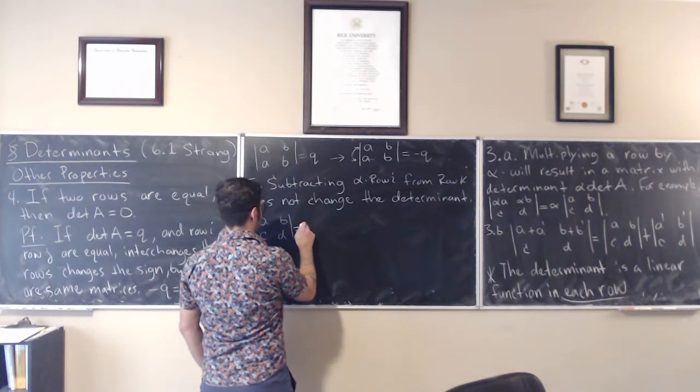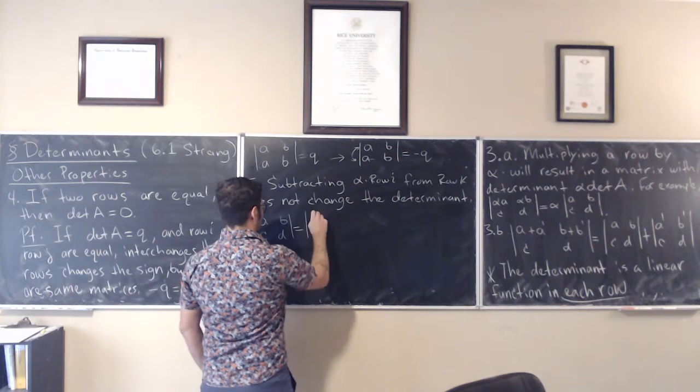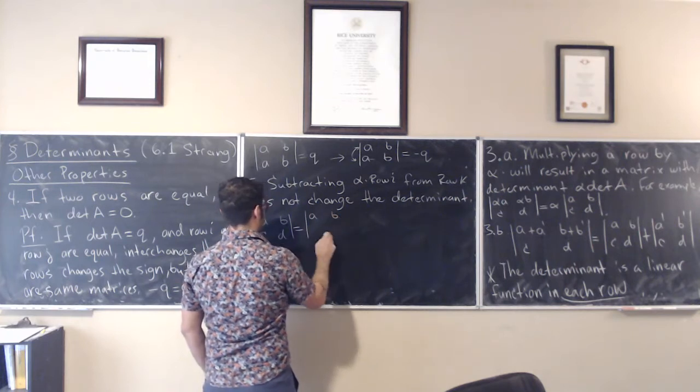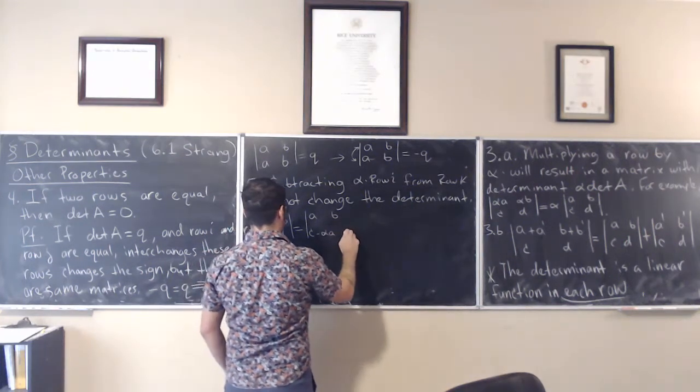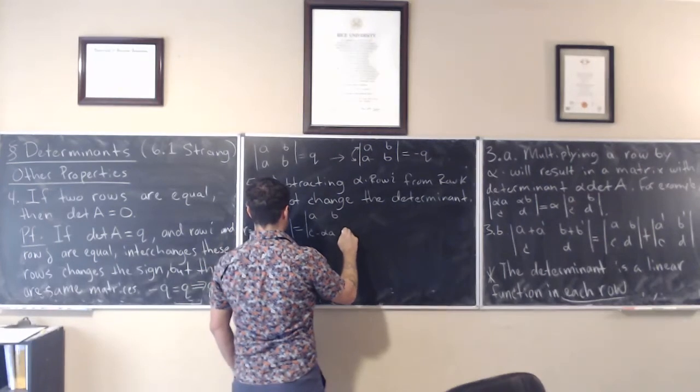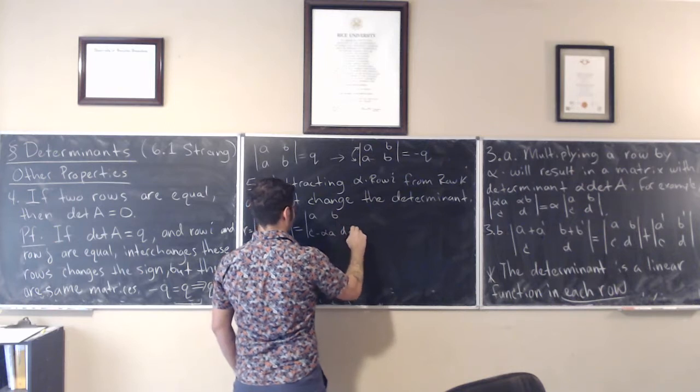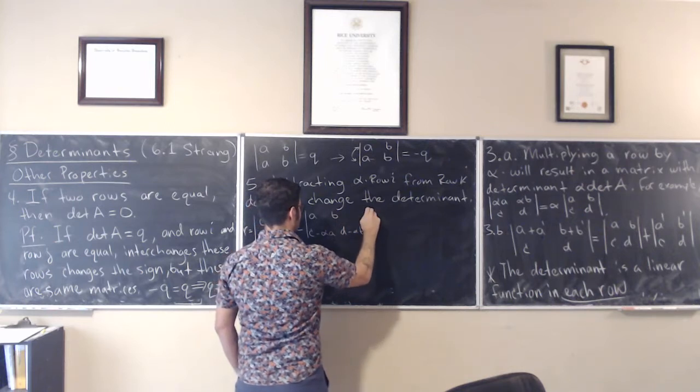So we claim that this is equal to A, B, C minus alpha times A, and then say, what is going to be D minus alpha times B.